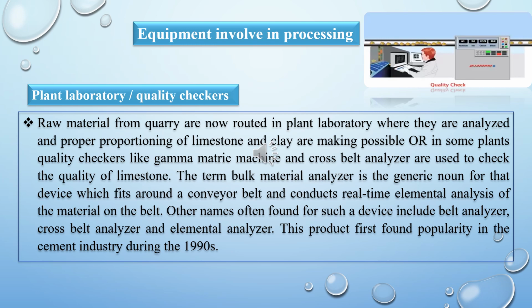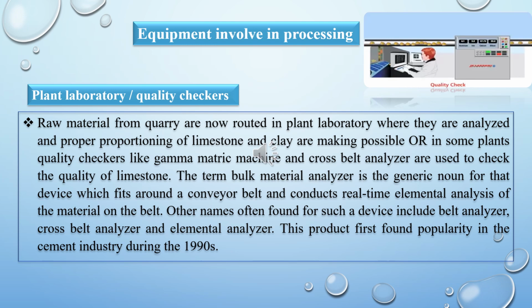So students, here he just explained that quality checkers check the quality of limestone and the clay. For this purpose, different devices are used like gamma metric machines and belt analyzers. These are the different devices which are used for checking the quality of limestone or the clay which is shipped toward the factory.